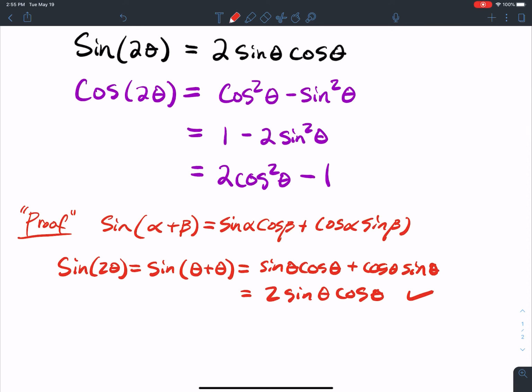For the cosine 2 theta, cosine alpha plus beta is equal to cosine alpha cosine beta minus sine alpha sine beta.